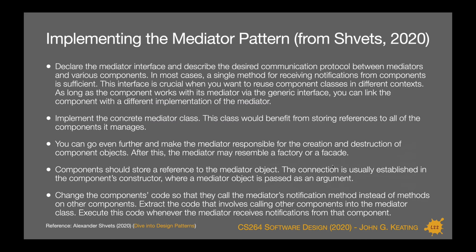You can work through this list of steps. You've got to declare a mediator interface, then describe the communication protocol between the mediator and the components. A single method for receiving notifications from components will do. That interface is crucial when you want to reuse the component classes in different contexts. As long as the component works with its mediator via some generic interface, you can link the component with a different implementation of the mediator.